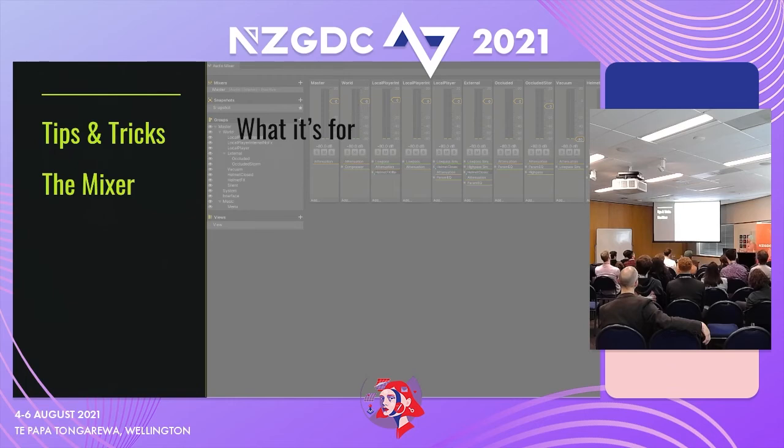I tend to think of it as, hey, this is for players to mix the game, and then it's for me to do a couple of very broad mix things. But I prefer to use a more granular system for actually mixing elements together. Yes, that's what it's not for.